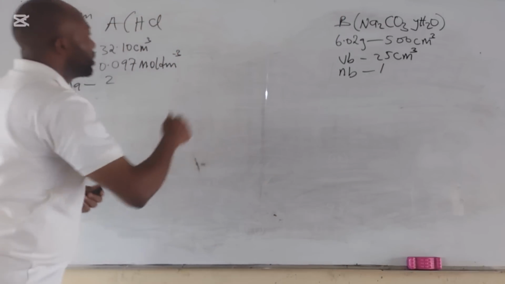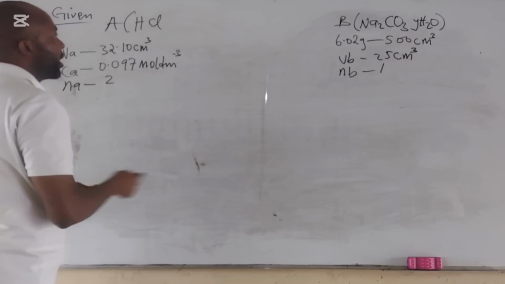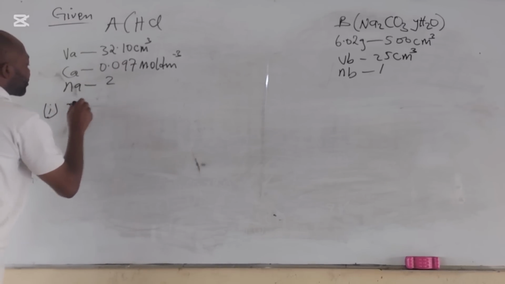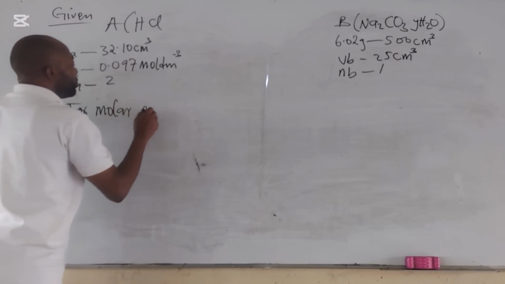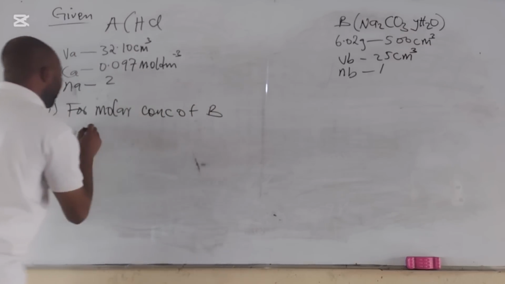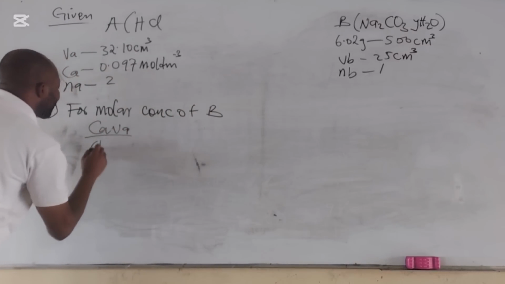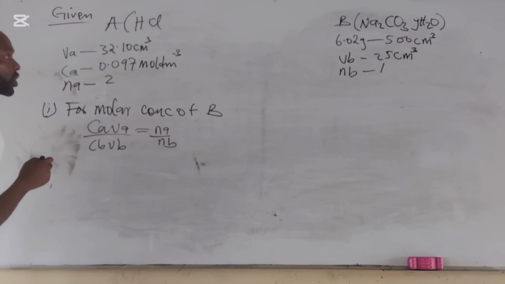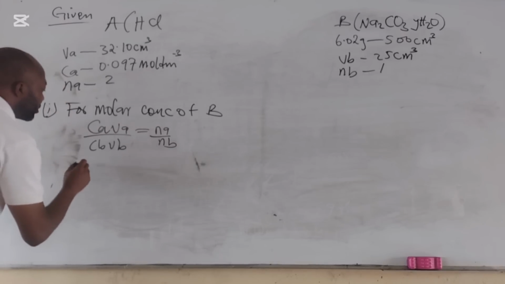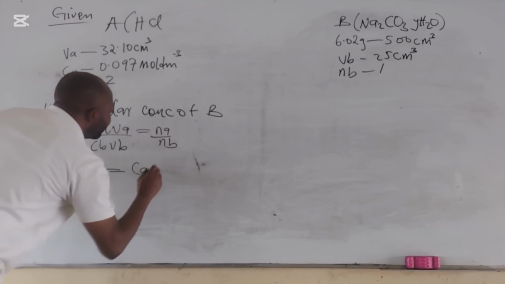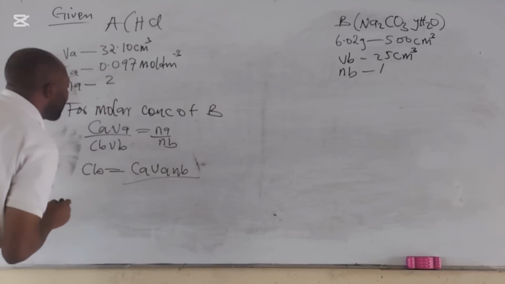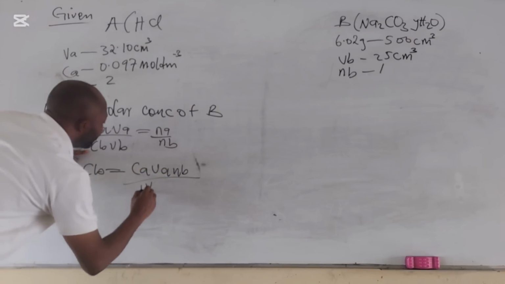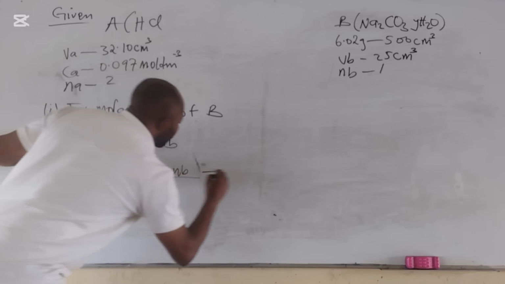So let's proceed. Molar concentration of the base. We use the formula CAVA over CBVB equals NA over NB, and we're looking for CB, the concentration of the base, because that of the acid is given. So CB equals CA VA NB over VB NA.